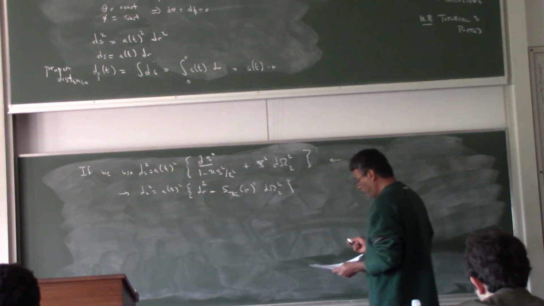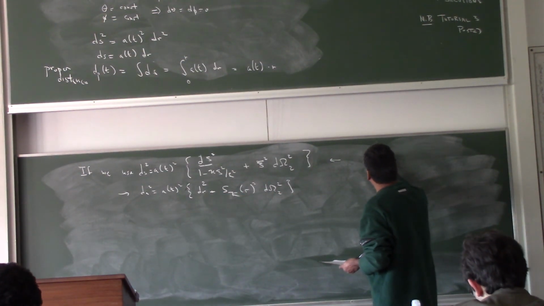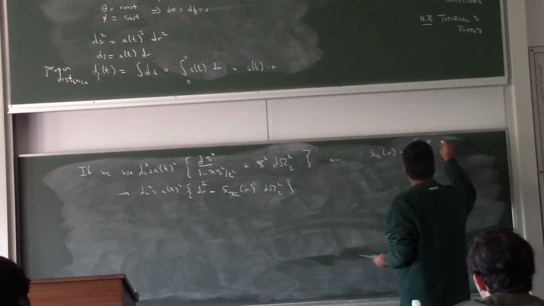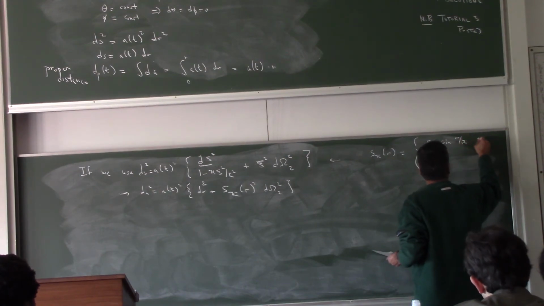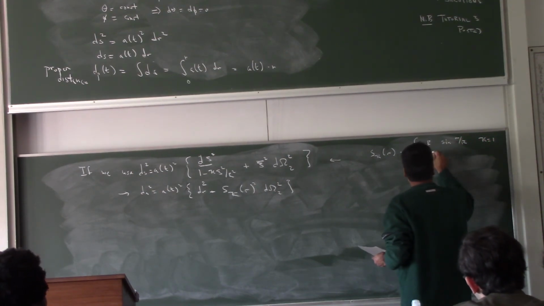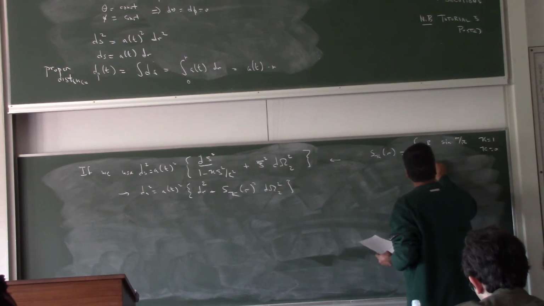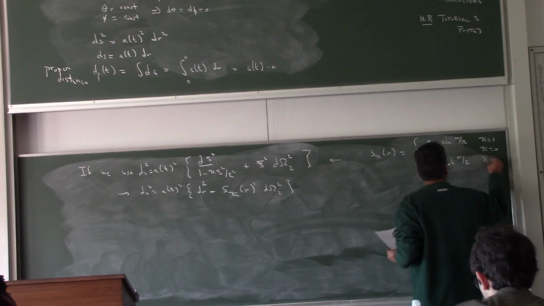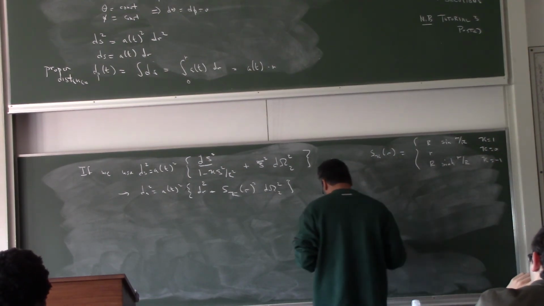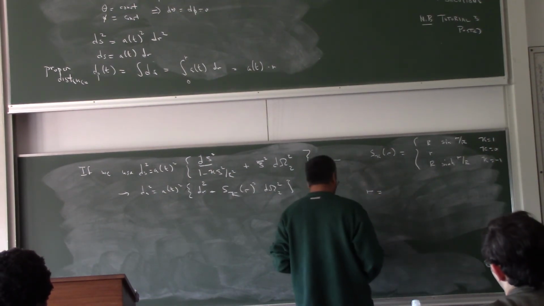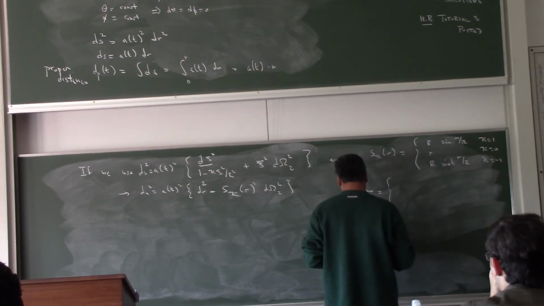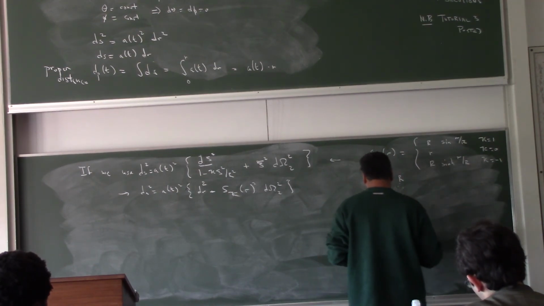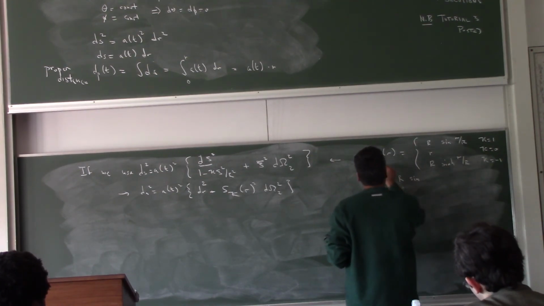So we can just invert. So we had s kappa of r was R sine r over R for kappa equals 1, r for kappa equals 0, and R sinh r over R for kappa equals minus 1. So, r is equal to, we set this equal to chi.